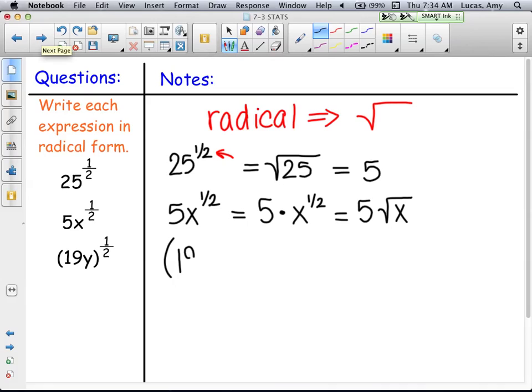On the third example, with the parentheses, the whole thing is going under the square root. So it's the square root of 19y. So just be careful and notice the difference between the second and third example here based on where the exponent is written, if it's only on the variable or if it's on the entire term.